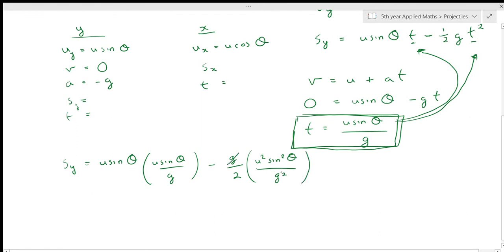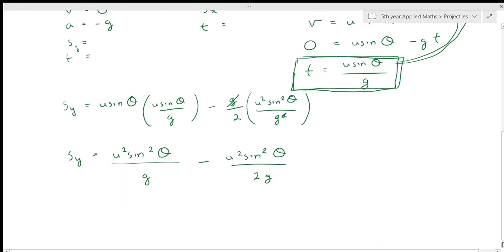That g is going to cancel with that, and we're left with Sy equals u squared sine squared theta over g, minus u squared sine squared theta over 2g.